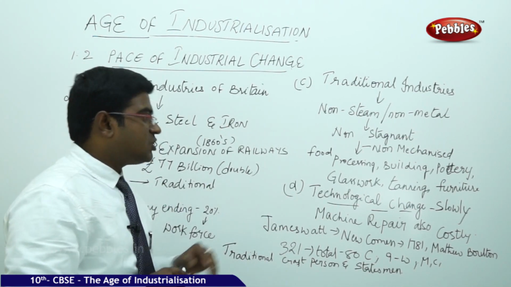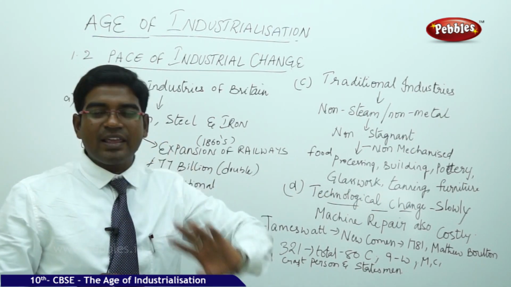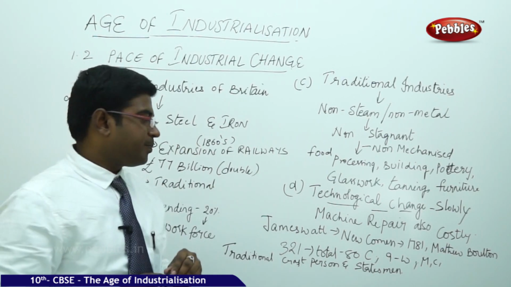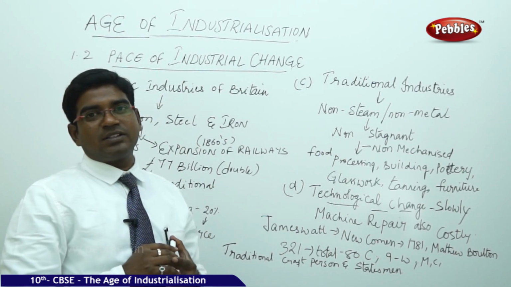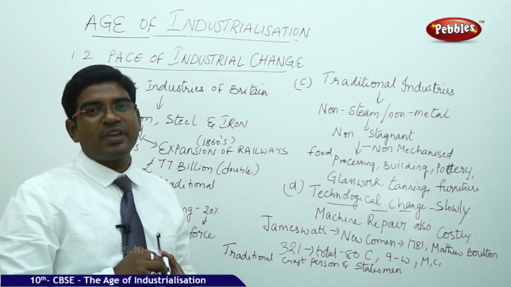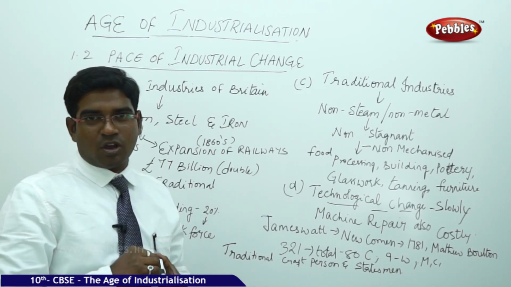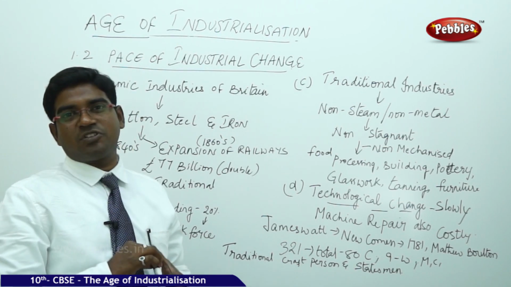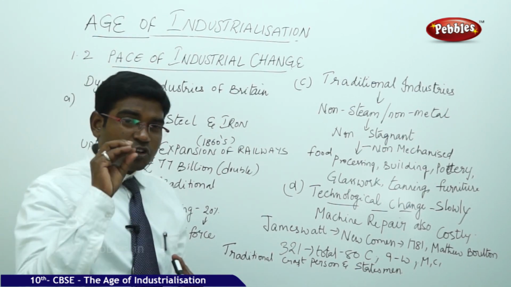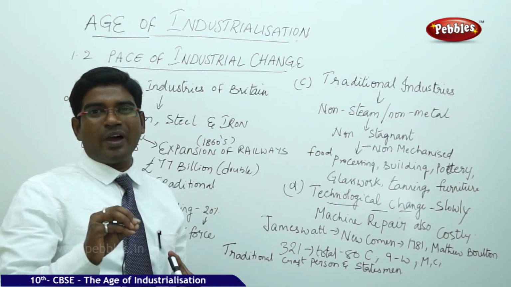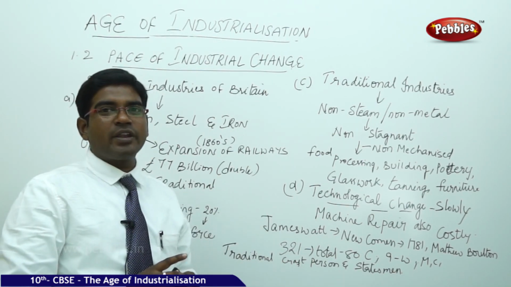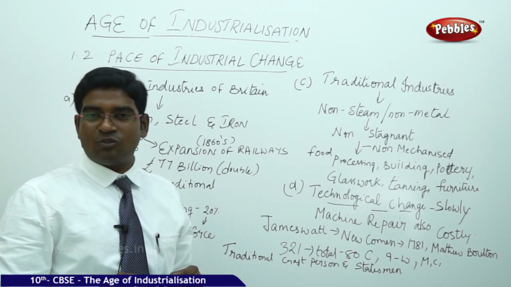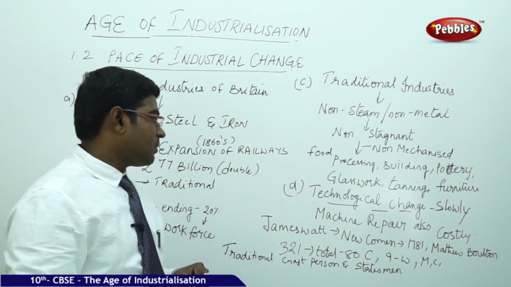The technological change was really very slow. If the machinery got spoiled, it was very costly even to repair the machines. So this could also be one of the reasons why the momentum of technological change could not get so fast and well connected to the people.